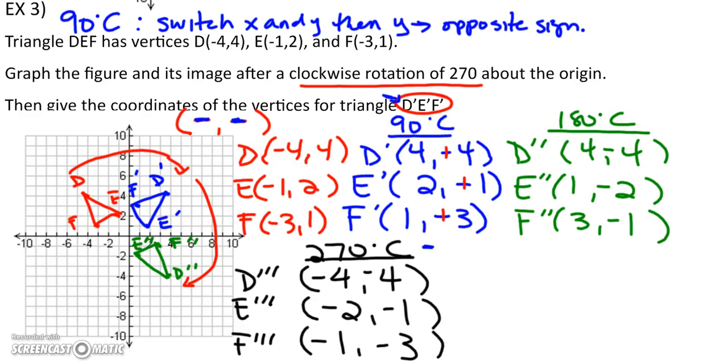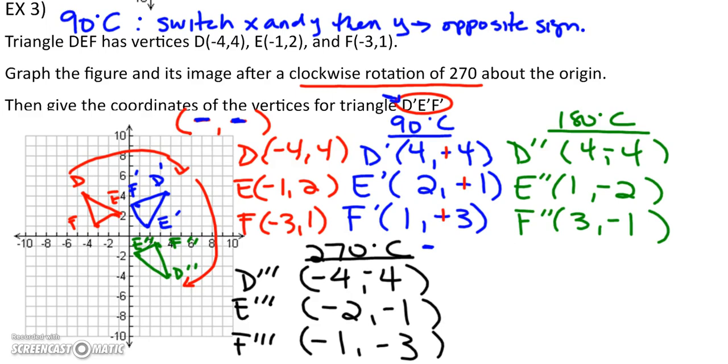So, final set of ordered pairs. Back to the point of origin, to the left 4, down 4, D triple prime. Back to the point of origin, and I'm going to label on the opposite side so that you'll actually be able to see.